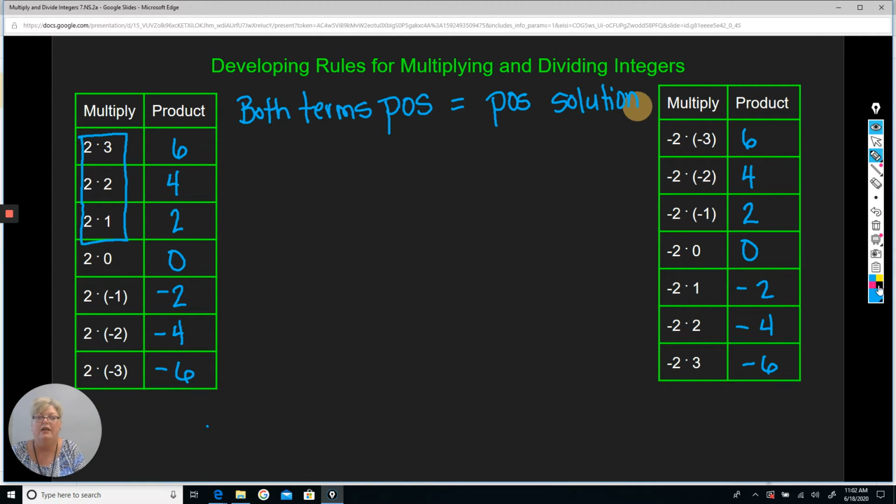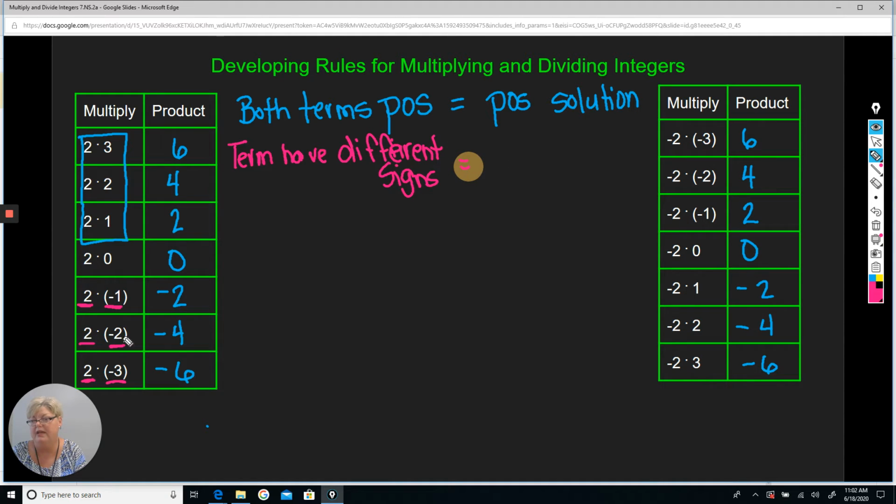Now, let's look at this one right here. What do you notice about this? On every one of these, one term is positive and one term is negative. So when the terms have different signs, what would be the solution?